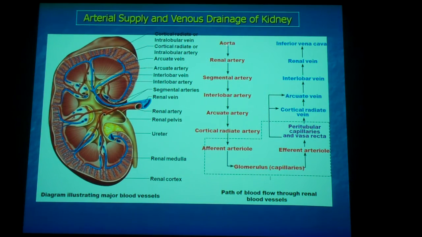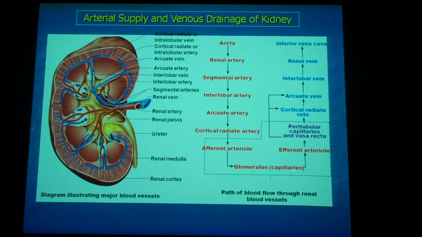So we go over here with aorta, renal artery, segmental, interlobar, arcuate, cortical radiate or interlobular artery, leading into the afferent arterioles, which lead into the capillaries. The glomerulus is the capillary component of the renal corpuscle.